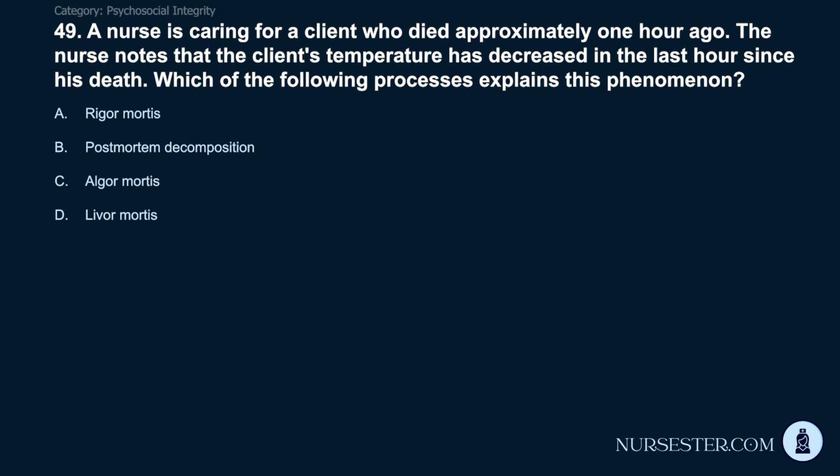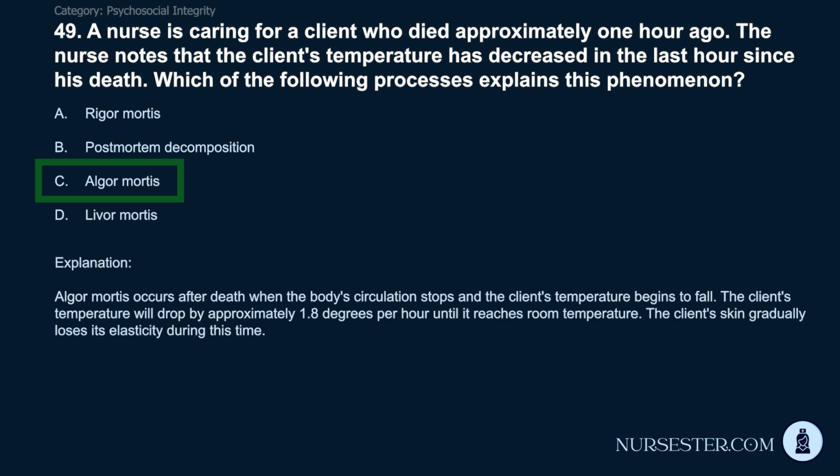D. Livor mortis. Correct answer, C. Algor mortis. Algor mortis occurs after death when the body's circulation stops and the client's temperature begins to fall. The client's temperature will drop by approximately 1.8 degrees per hour until it reaches room temperature. The client's skin gradually loses its elasticity during this time.